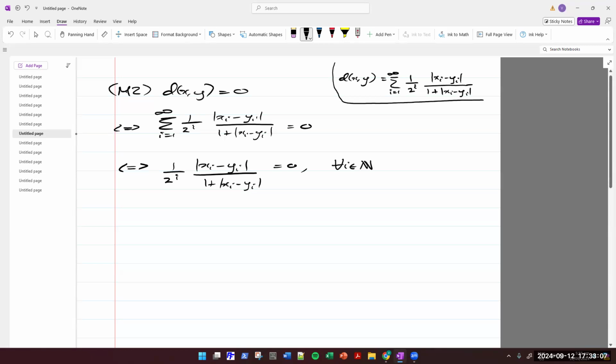If each one of those terms is 0, just solve that equation. If you multiply through by the denominator, that's the same thing as saying xi minus yi is equal to 0 for all i in n. And of course, since this is the modulus, we then immediately know that xi equals yi for all terms. Therefore, the sequence x is the same as the sequence y. So we have coincidence.